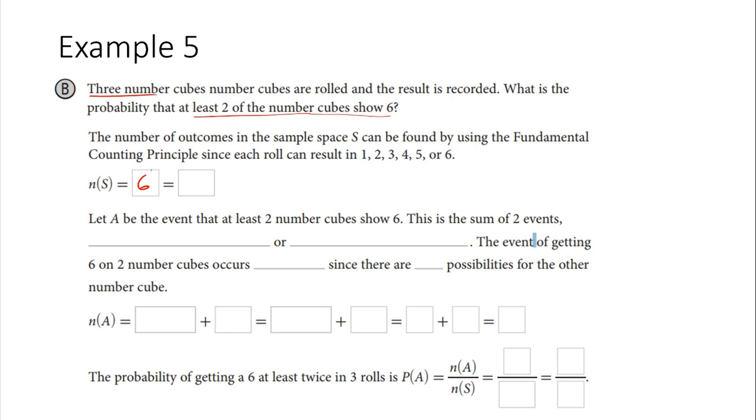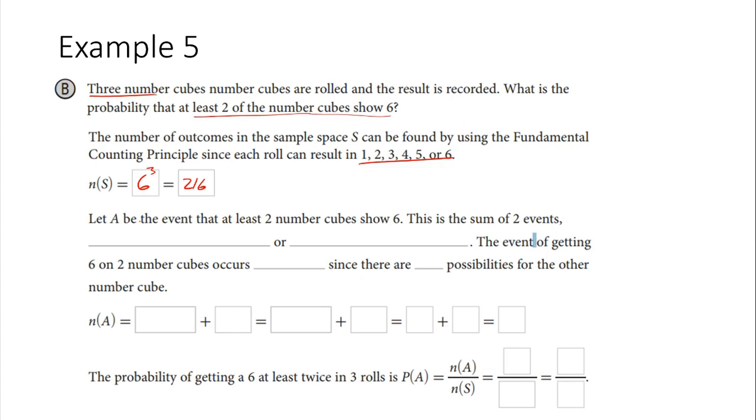Isn't that just 6 to the third power? Because we have really just 6 times 6 times 6. So that's just going to give us 216 for a sample space.